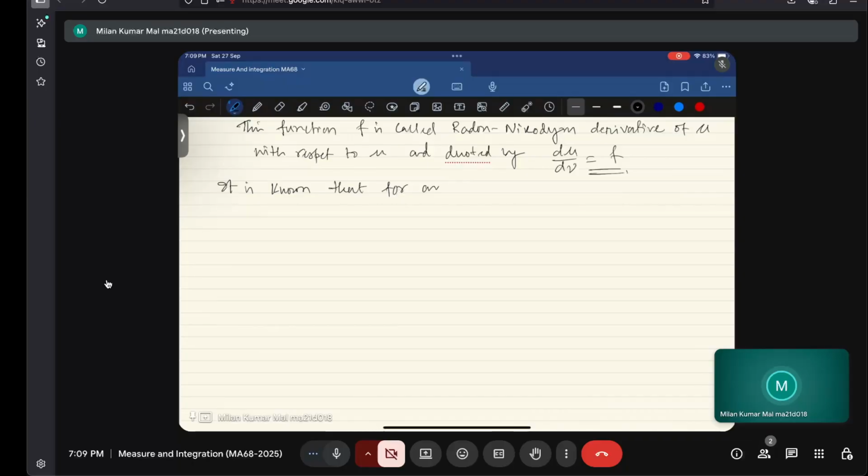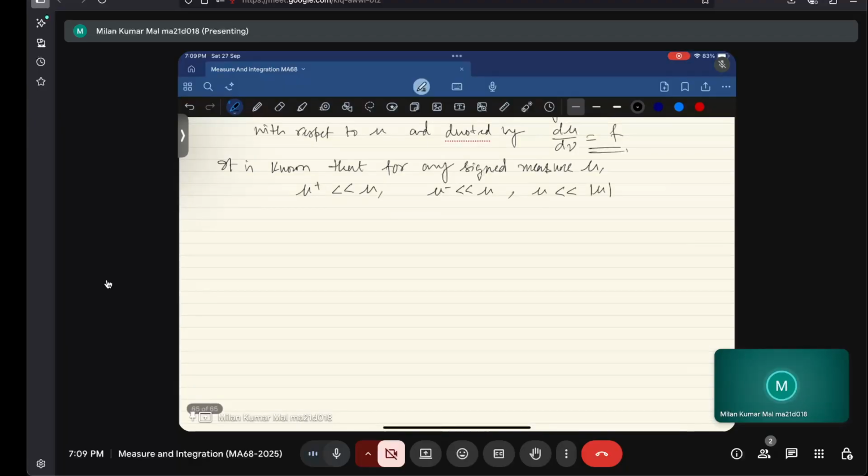for any signed measure mu, mu plus is absolutely continuous with respect to mod mu. Similarly, mu minus is also absolutely continuous with respect to mod mu, and mu is absolutely continuous with respect to mod mu, and mod mu is absolutely continuous with respect to mu.